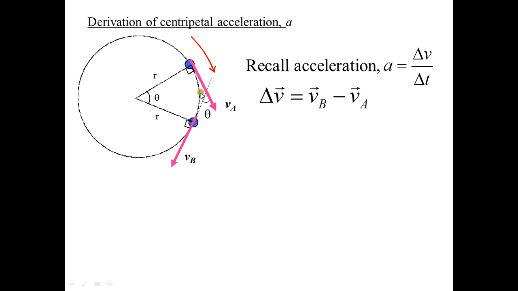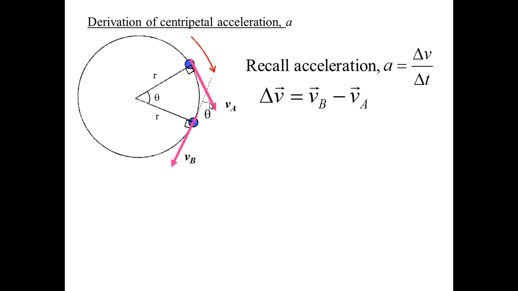If you look at this angle, which is opposite to this angle theta, you should be able to tell that this is 180 minus theta. The reason being supplementary angles: if this angle is 180 minus theta, and this is a straight line, the angle between the two vectors must be theta.